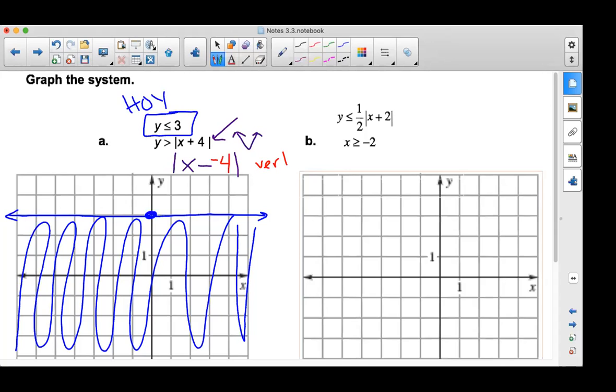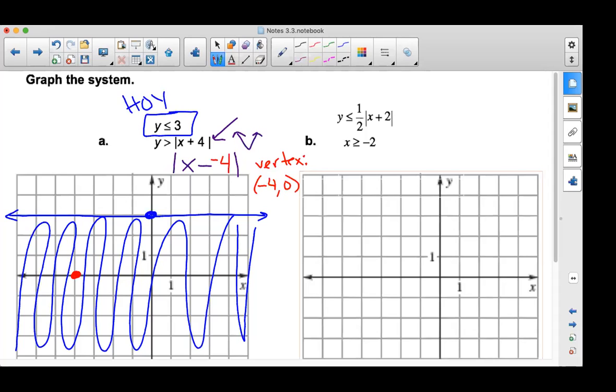So absolute value has that vertex that we talked about last chapter. Jaden, where would our vertex be? Yeah, at negative 4, 0. It's 0 because there's only a number with x. There's not a second number being added or subtracted. So we're going to move over to negative 4, 0. 1, 2, 3, 4.